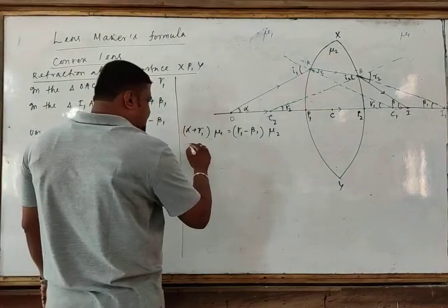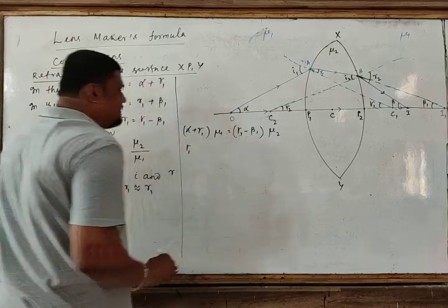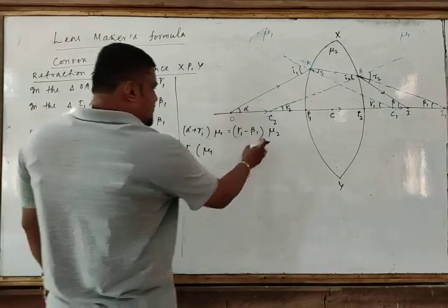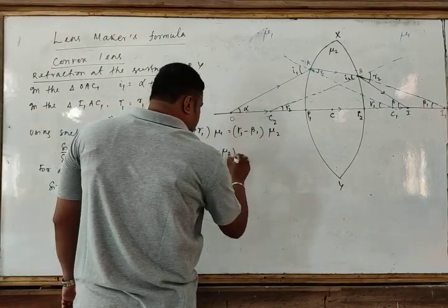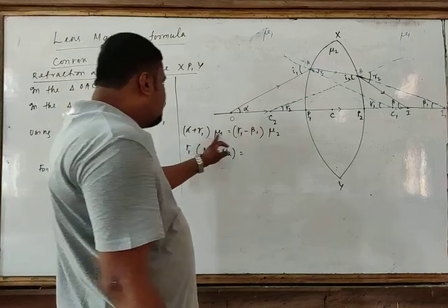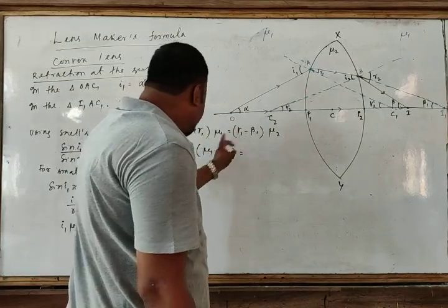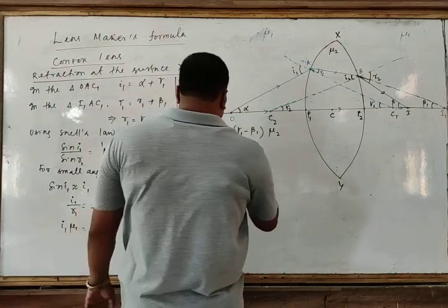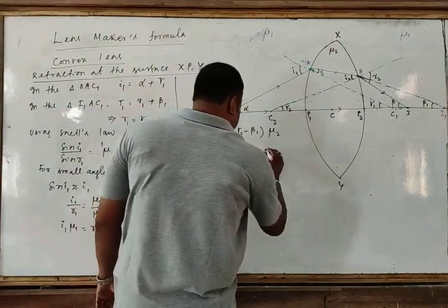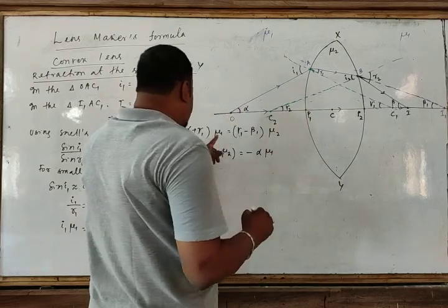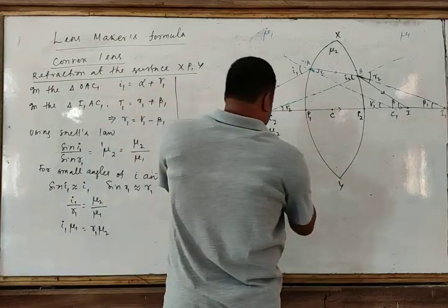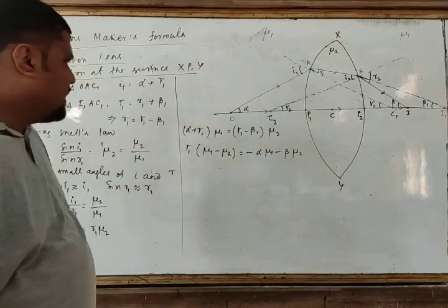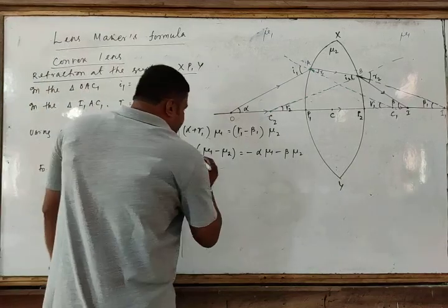Then we can take gamma 1 common: gamma 1 into mu1 minus mu2 is equal to gamma 1 mu1 minus gamma 1 mu2. So gamma 1 common, mu1 minus mu2, is equal to, taking this side, minus alpha mu1 minus beta 1 mu2, right?